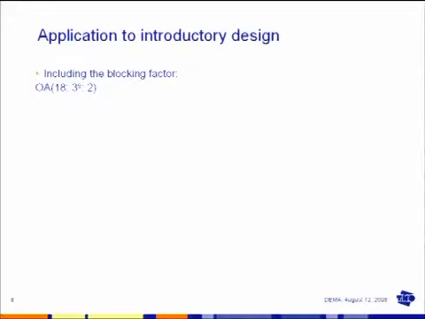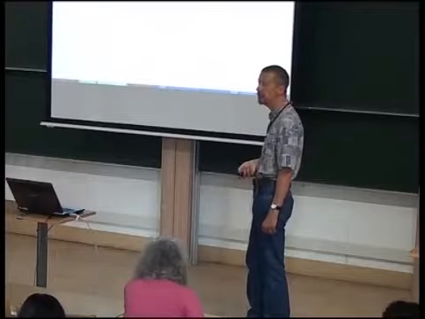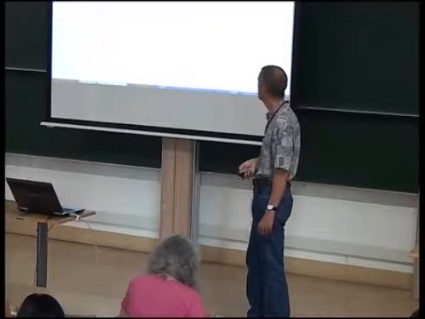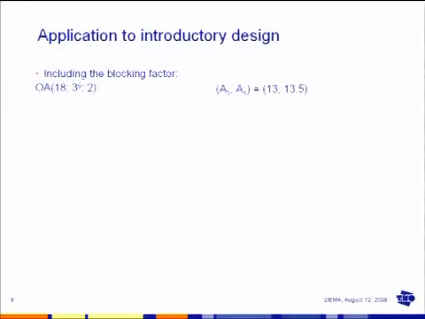If we include the blocking factor as a kind of treatment factor, then there are 13 words of length 3 and 13.5 words of length 4 in the generalized word length pattern.